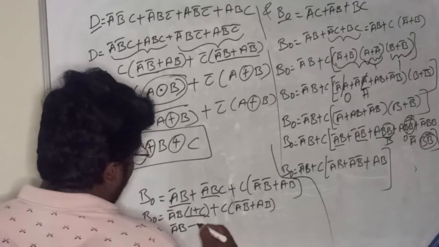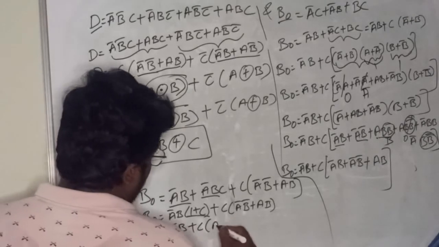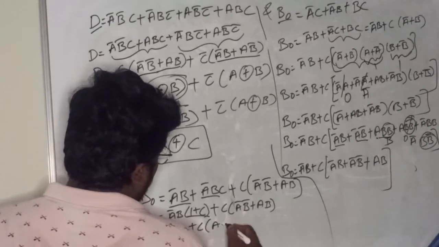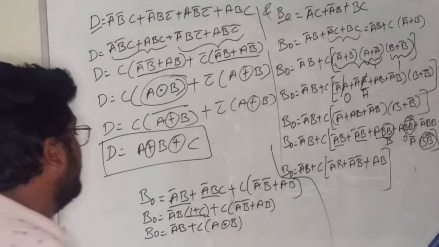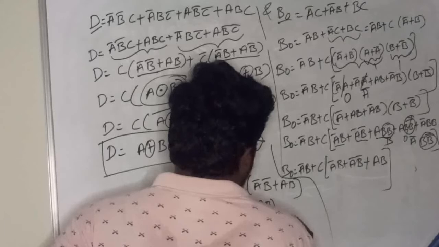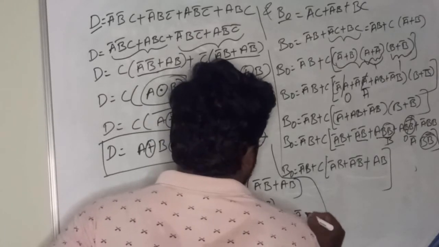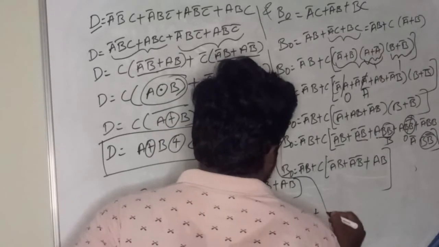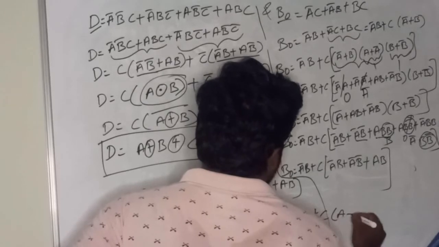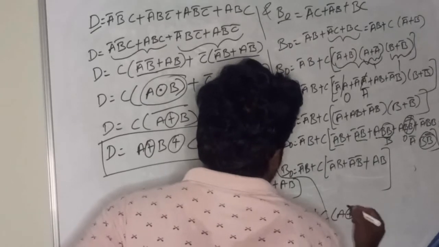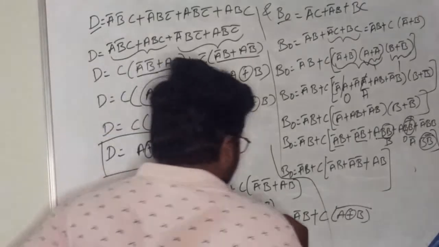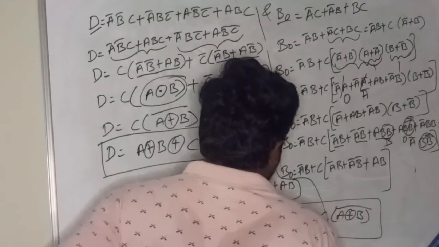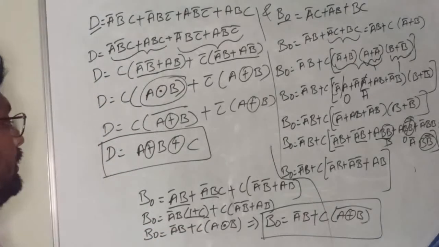So B naught is equal to A complement B plus C into (A XOR B) whole complement. So this is the borrow simplification for a full subtractor.